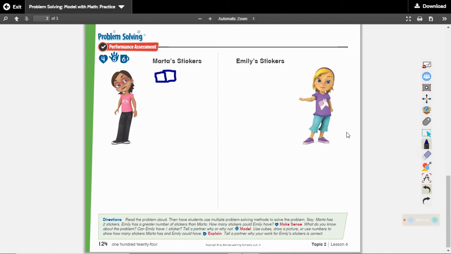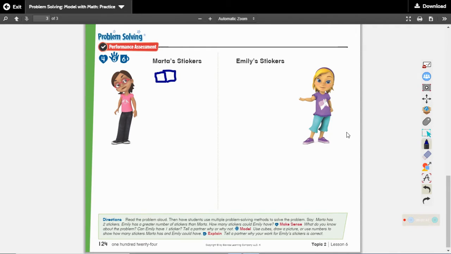Emily has a greater number of stickers than Malta. How many stickers could Emily possibly have? Think about it. Now this isn't one you're going to draw yet. You're just going to think about it. What do you know about the problem?